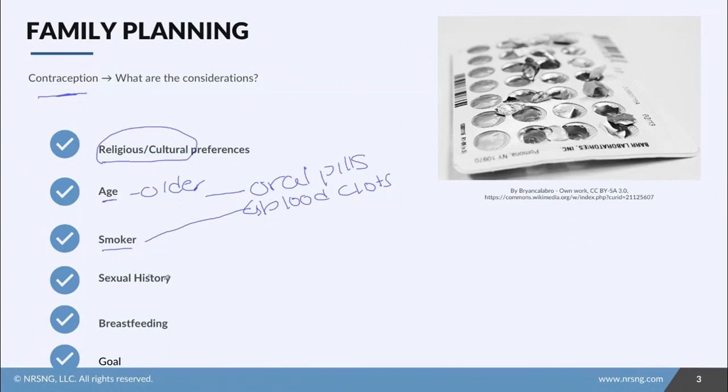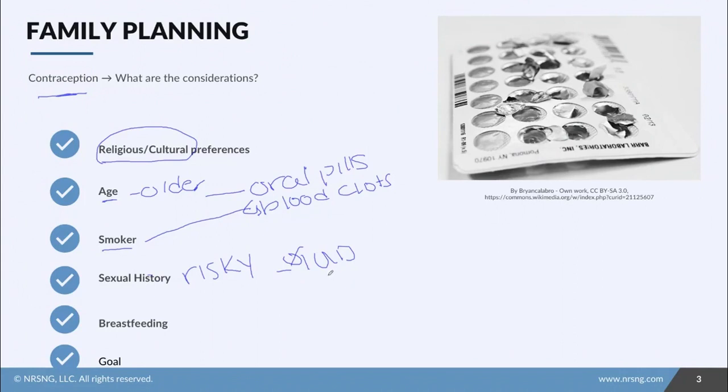We need to know their sexual history. With this, I mean, do they have risky sexual practices? And what does that mean? Risky behavior means they have multiple partners. Somebody that has risky sexual behaviors would not be the best patient to have something such as an IUD, or intrauterine device, as it's also known. So we don't want to really give that to them, because the IUD is placed in the uterus.